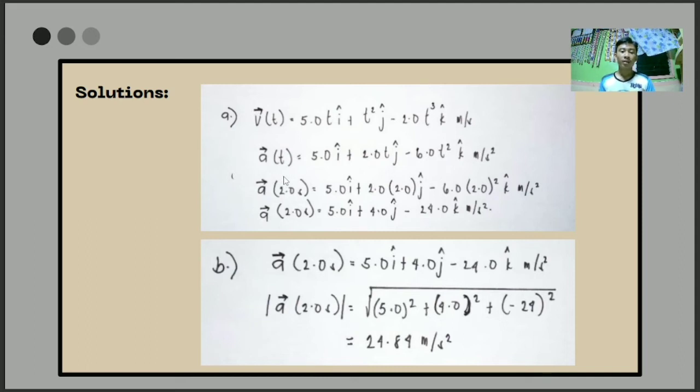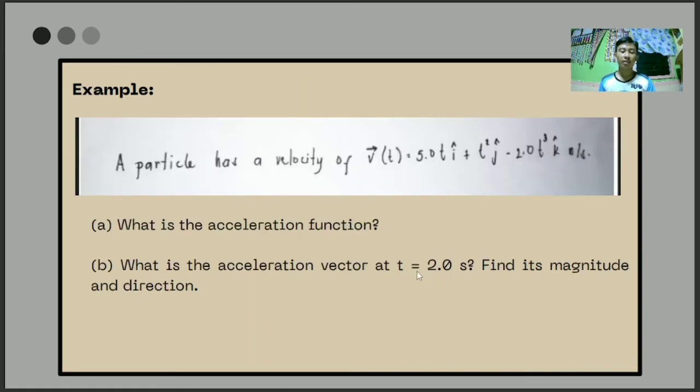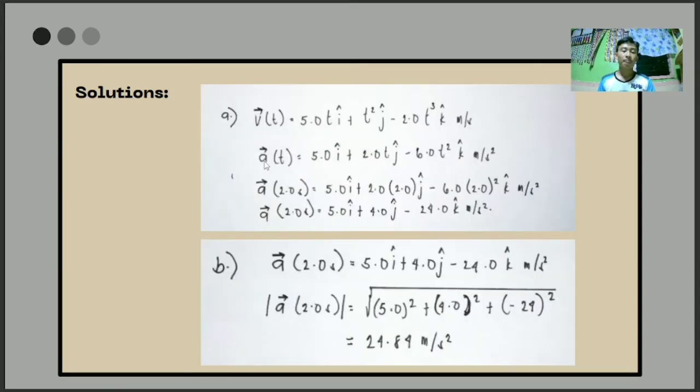So to get the acceleration vector at time t equals 2 seconds, we're going to substitute 2 for the time in our expression. So we'll have 5 i hat plus 2 times 2 j hat minus 6 times 2 raised to the power of 2 k hat meters per second squared.